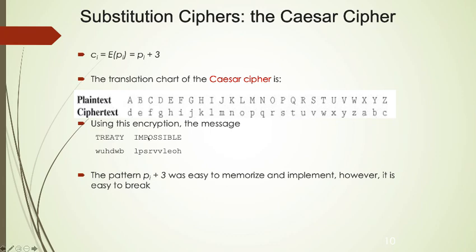So you see in this example what the Caesar cipher is. As I said, the simplest form of substitution. And probably not necessary to tell you this, but it should never be used in production.